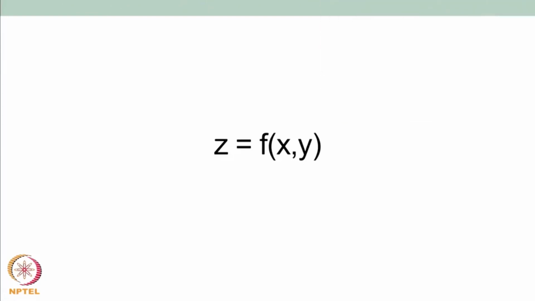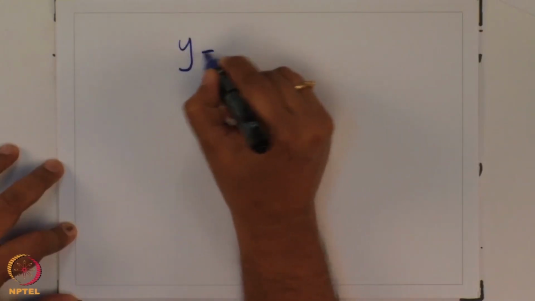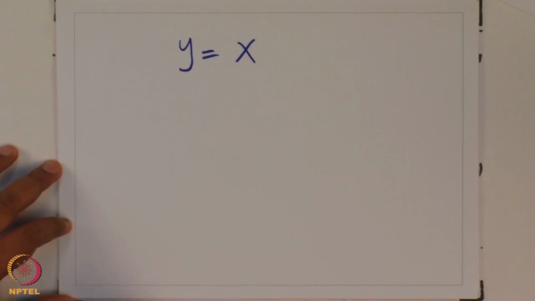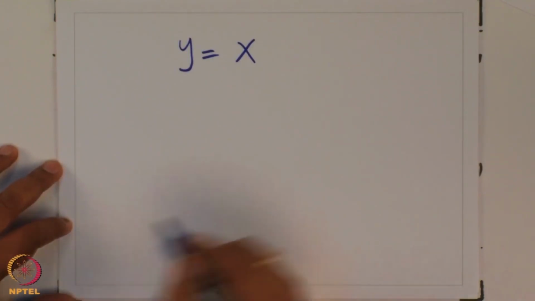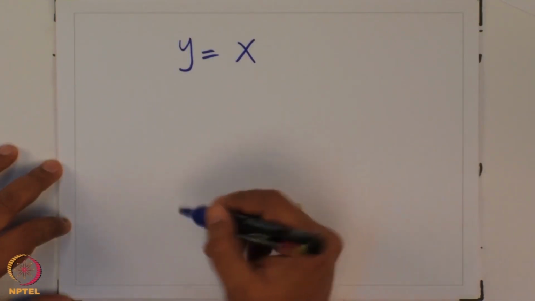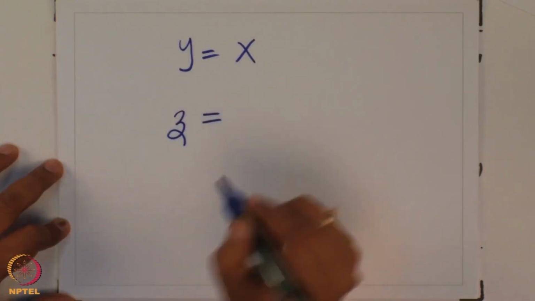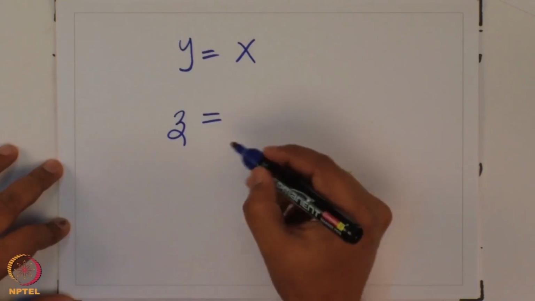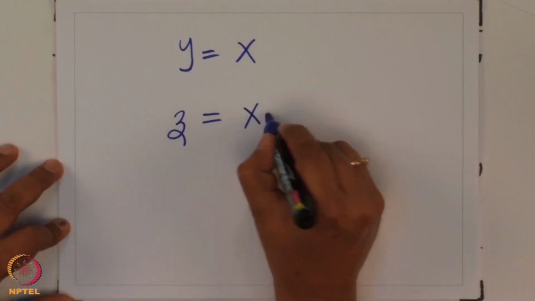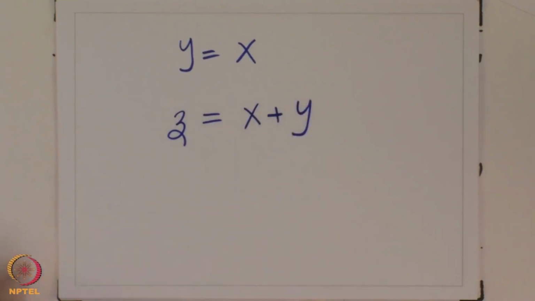Let us think about this. We said that in the simplest case we had an equation like y is equal to x. Now if you want to go beyond this, what would be some function that you can think of? For example, z is equal to x plus y.